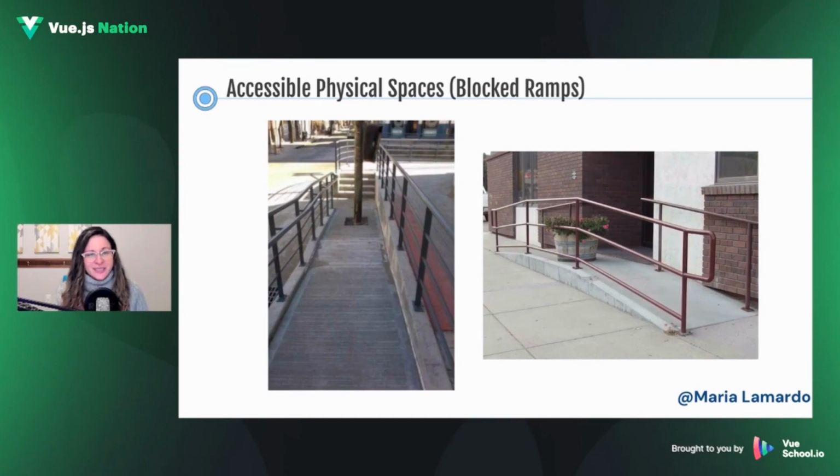It's an accessible ramp, but there's an oversized flower pot that was placed in the middle. And though it looks pretty, it doesn't function for somebody who would then need to move this heavy flower pot out of the way to make their way into the building. So again, this is kind of putting it in your head that design and implementation go hand in hand. You have to make sure that somebody understands the intent behind the design so that it's implemented correctly.